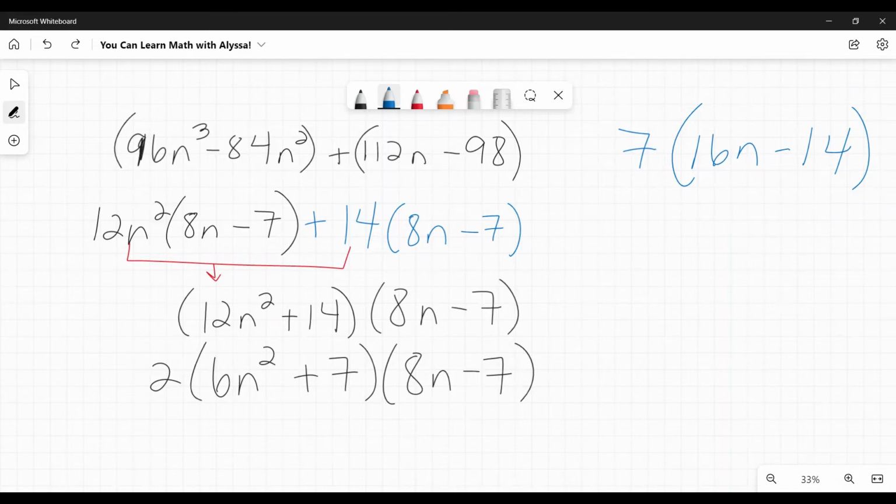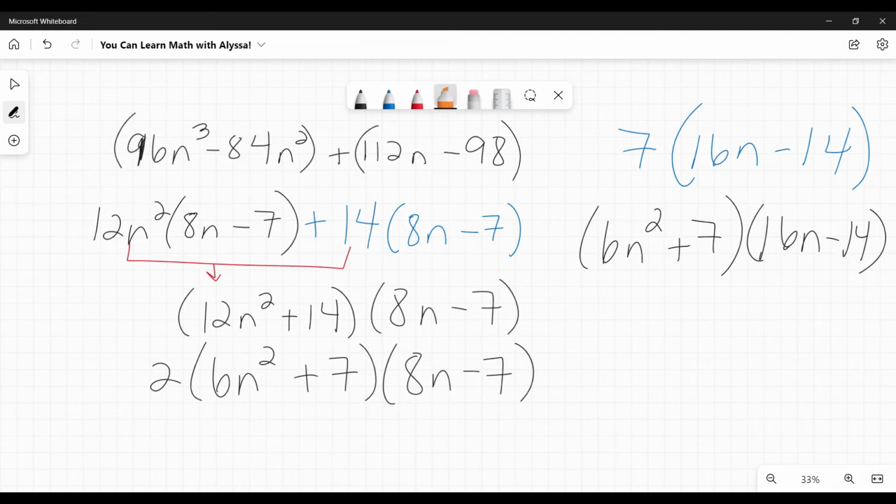So when you get to the last stage, after you pull out 16n minus 14 out of this one, what you're going to end up with is 6n squared plus 7 times 16n minus 14. And if at that point you do like I told you to, and always, always, always check your final one, you're going to notice 16n minus 14 has a factor.